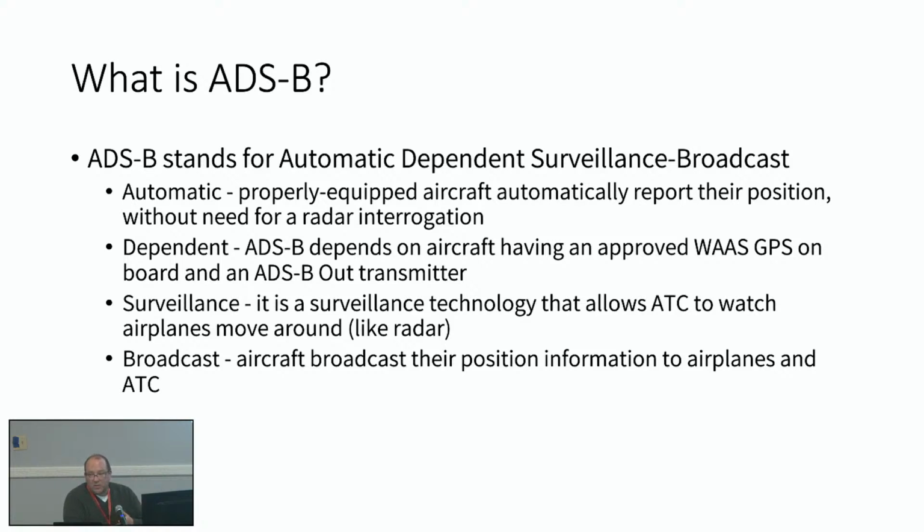Every commercial aircraft has it, with some exceptions like Air Force One. Military aircraft are not required to have it, but do turn it on sometimes. Basically, it's a signal being sent from aircraft. And when I say aircraft, I also mean balloons, other flying things, and ground vehicles that support those.